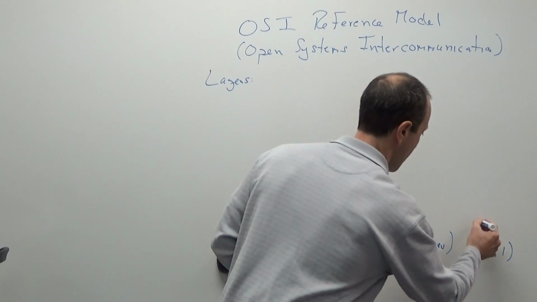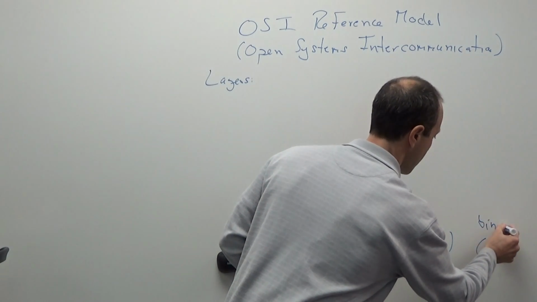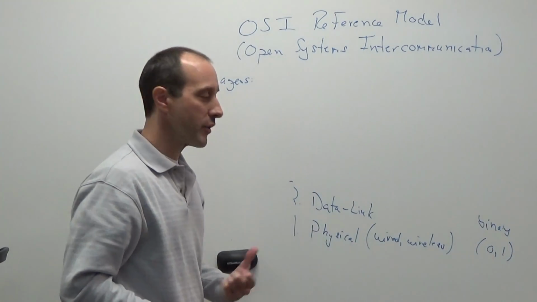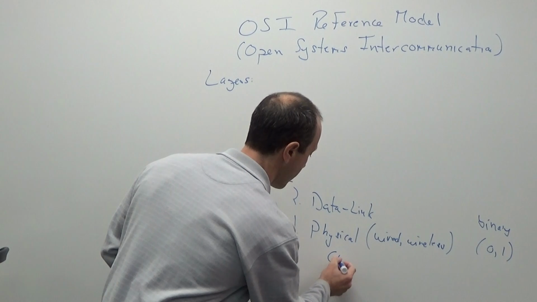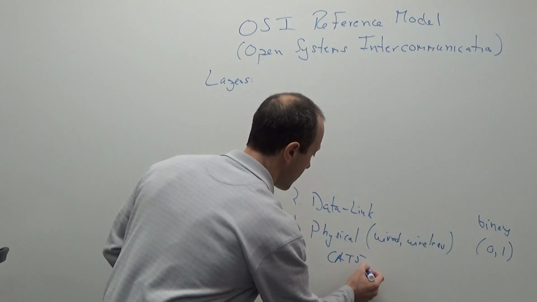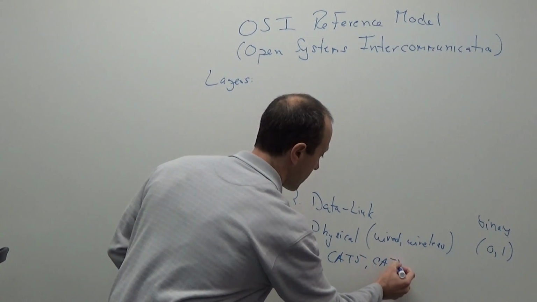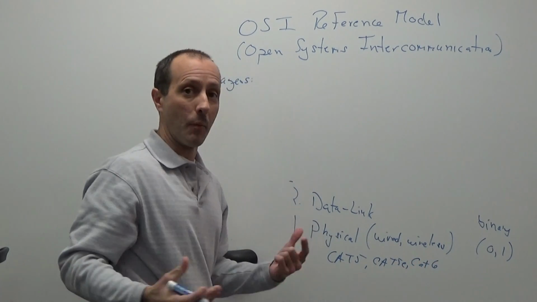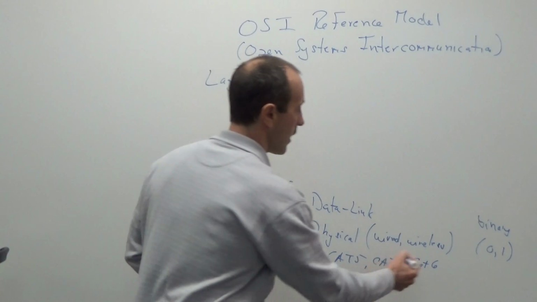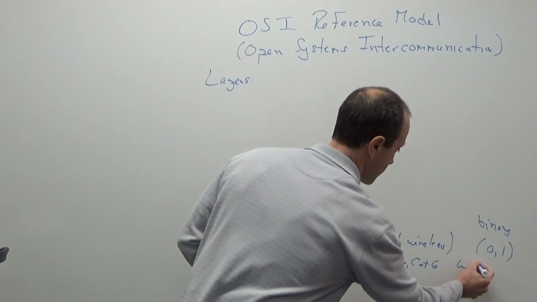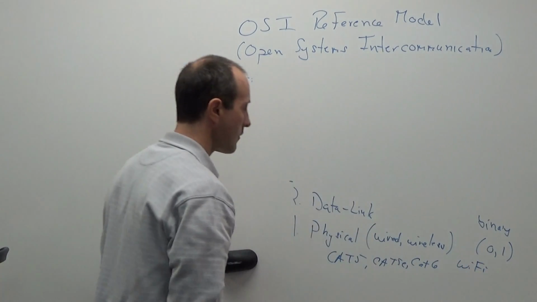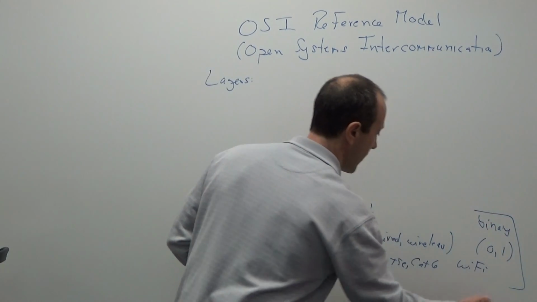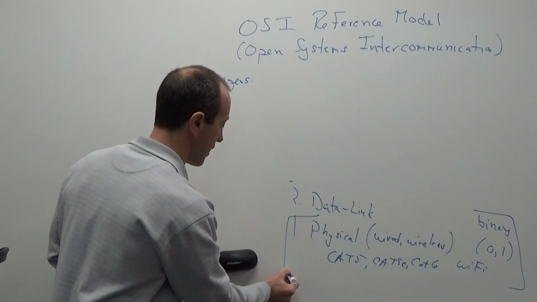They're binary concepts. So they're transported in zeros and ones. Your cables can be your Cat5, your Cat5e, Cat6, fiber optics, and of course your wireless is your wireless fidelity. So that encompasses your physical layer concepts at a very basic understanding.